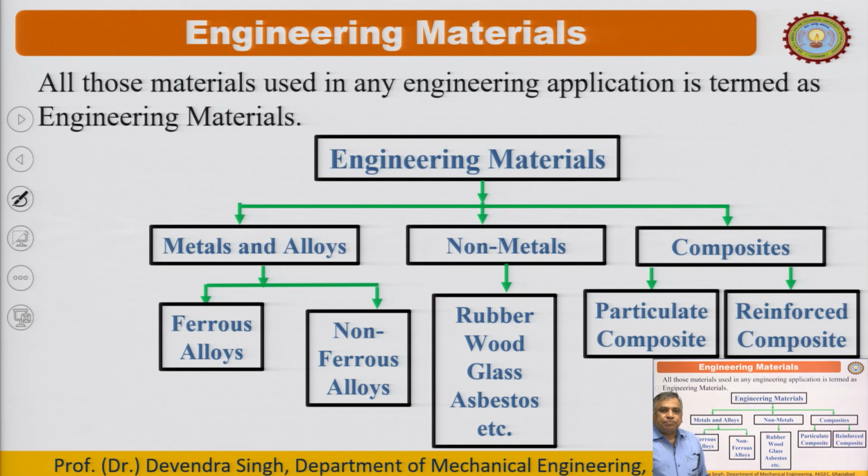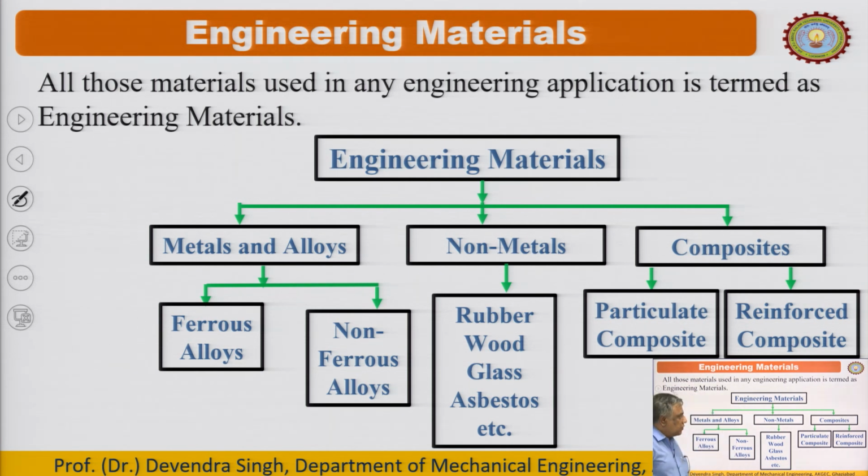In fact, there is a difference between alloy and the composite material. In alloy, the two materials we combine in the appropriate proportion, and the components lose their properties and a new property is there. In composites, two or more materials are combined together, and the component materials do not lose their properties and we get enhanced mechanical properties in the composite.